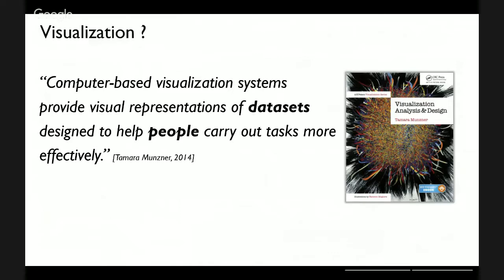Her definition says: computer-based visualization systems provide visual representation of datasets designed to help people carry out tasks more efficiently. Two aspects that are important for the types of methods we develop are datasets and people, and we always consider these two aspects when we think about how we design a solution.